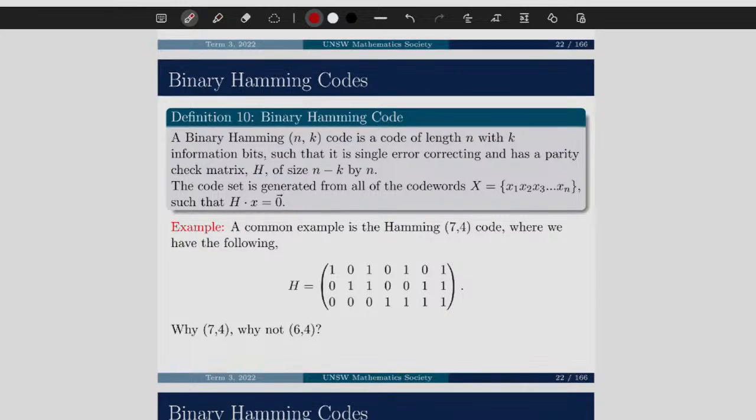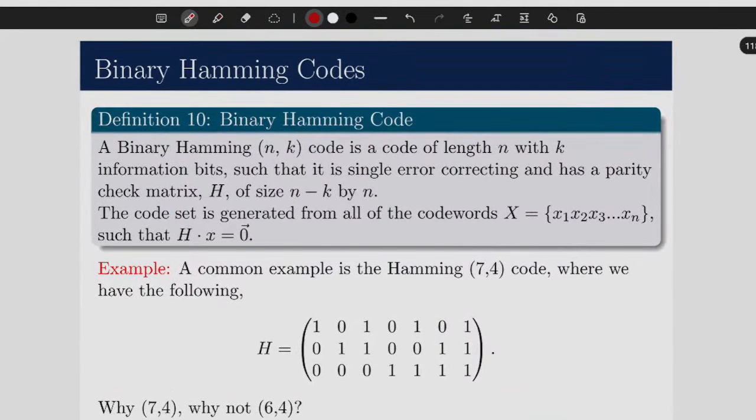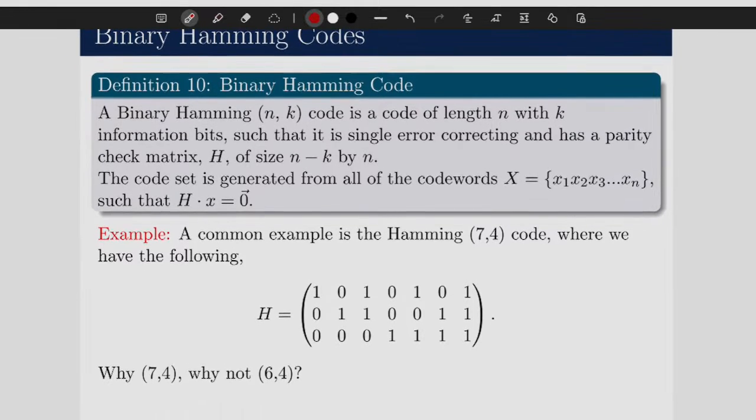So, first things first. A common example is the Hamming 7,4 code. Another example that you would have seen in our tutorial questions is something like the Hamming 15,11 code, where we have basically just this, right? And my question is, why is it 7,4? Why is it not 6,4 or 5,4 or something else, right? And essentially the idea is we want to make sure that it is always going to be single error correcting and has that parity check matrix, right?